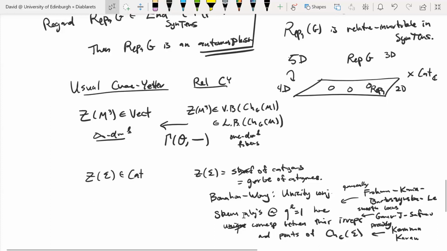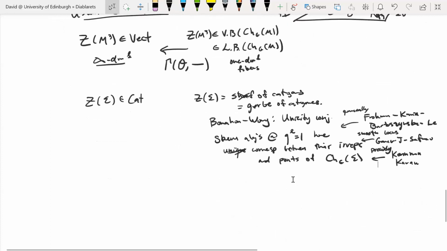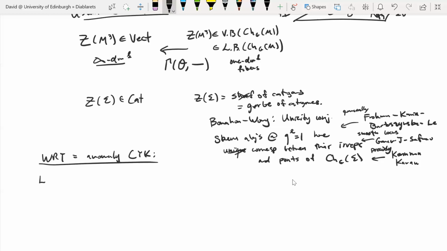But the point is that this kind of unicity that we were aiming for should just be thought of as a manifestation of this invertibility. And then the last thing that I'll say is that, remember, WRT is supposed to come from the anomaly, Crane-Yetter-Kauffman theory, and the expectation is that we now need to look, okay, so we took Sym tense, and we had to look in its arrow category.